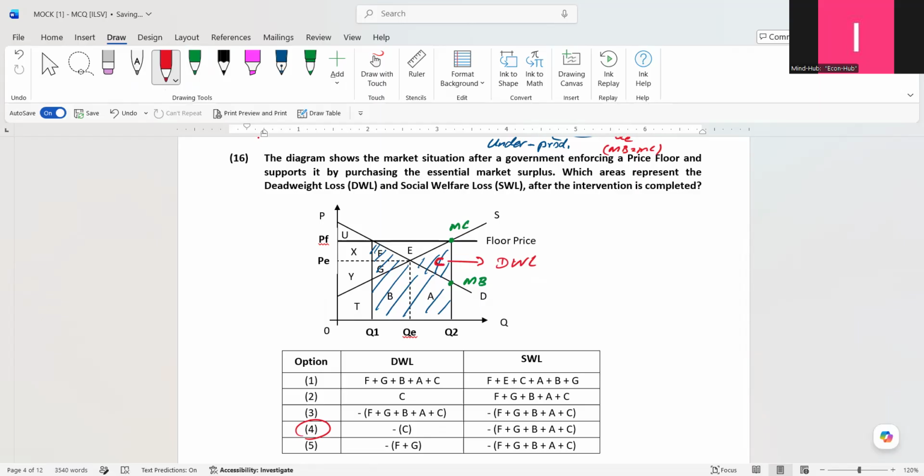That's deadweight loss. Then the social welfare loss should include deadweight loss. Deadweight loss is a triangular area, right? Let me just show it here. Deadweight loss is this kind of triangular area.